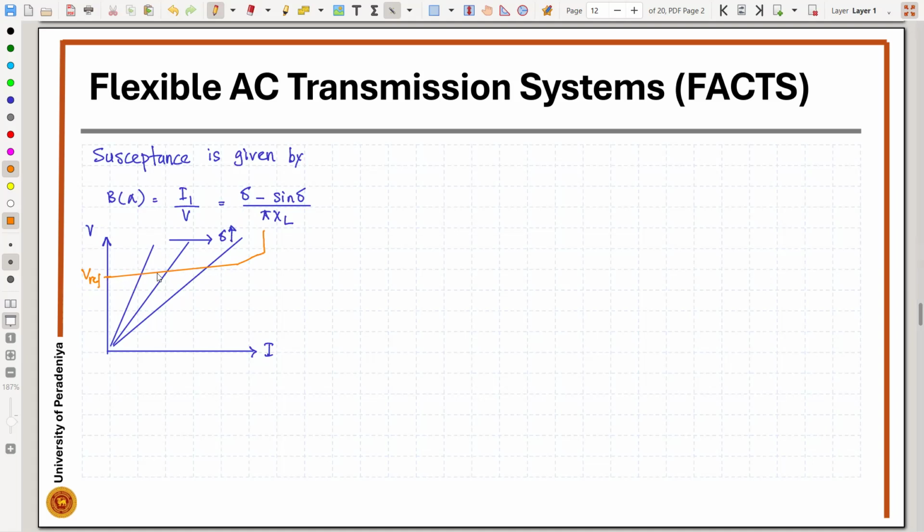This is going to have a certain gradient. By having different angles and different current values, we can move to different operating points. That's how we are going to use the thyristor control reactor, so we can set into different operating points.